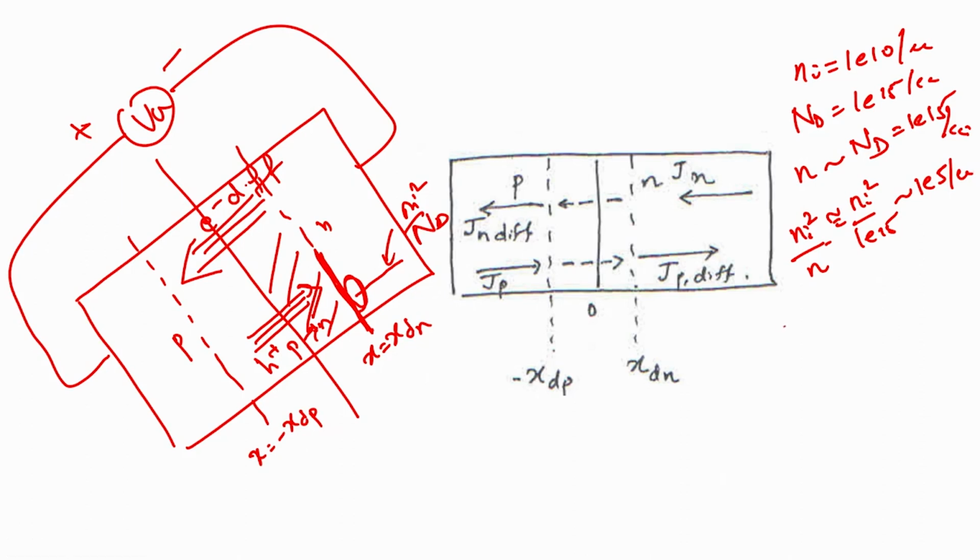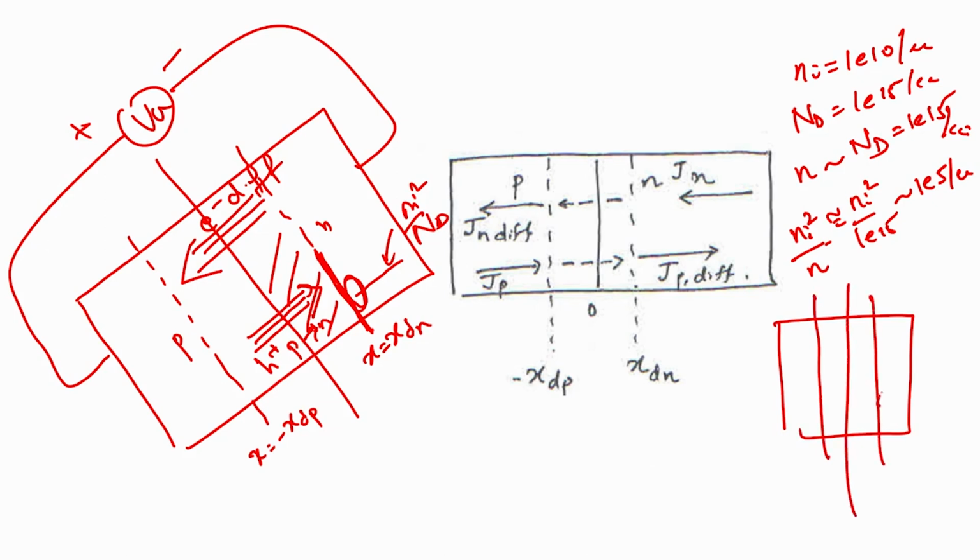So, if you were to not apply any voltage and if I were to just deplete the semiconductor, then just after x equal to xdn, which is x equal to xdn plus, at that interface we had these many holes and that many electrons. But the moment I apply forward bias, you are going to have a massive influx of holes from the P to the N side.